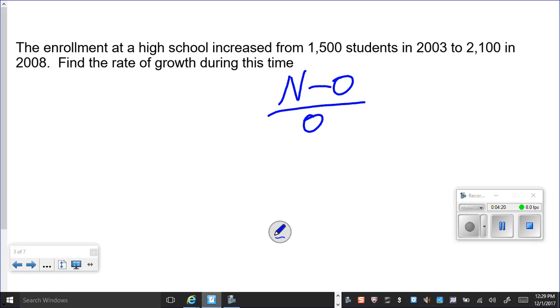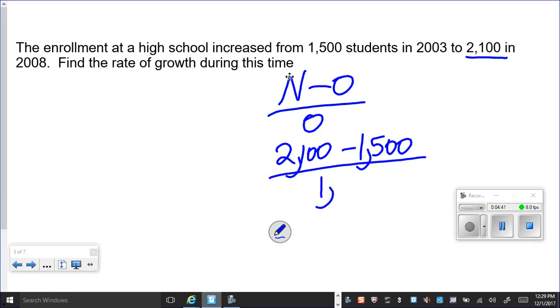Again, they give us years, so the year closest to today's date will be the newest. 2008 is closer than 2003, so the new number is 2,100, the old is 1,500, and we're going to divide by the original, which is 1,500. Now, 2,100 minus 1,500 gives you 600. That's a positive 600 divided by 1,500.